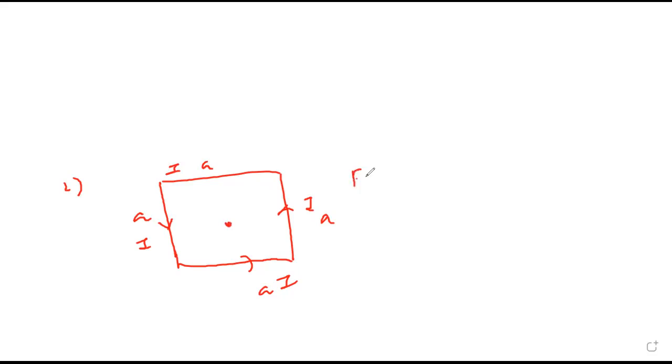I want to find the magnetic field at P. P is the center of the square coil. All the currents will give field in the same direction or in opposite direction? Same. Inward or outward.